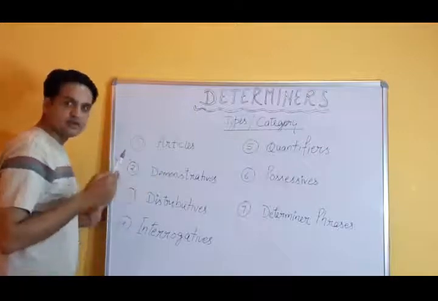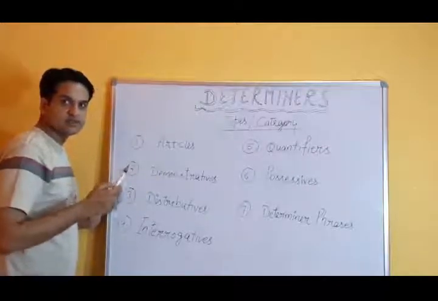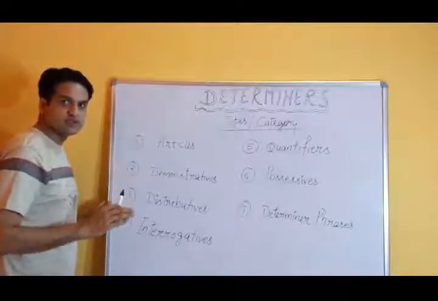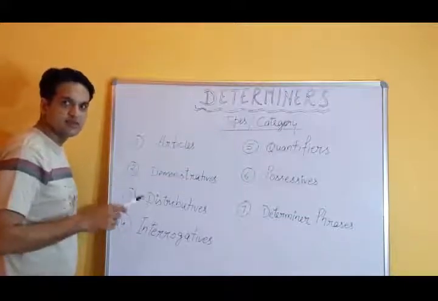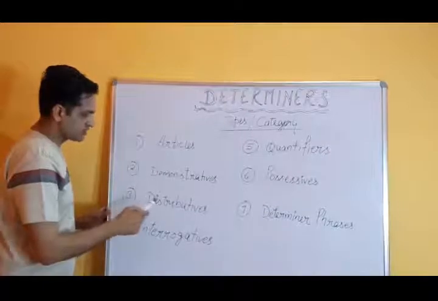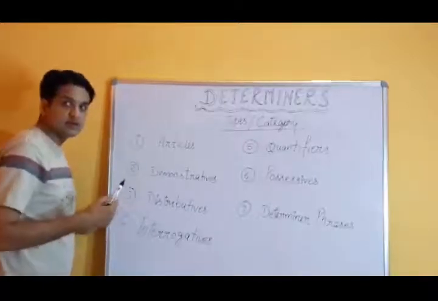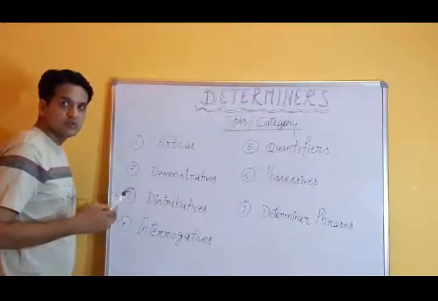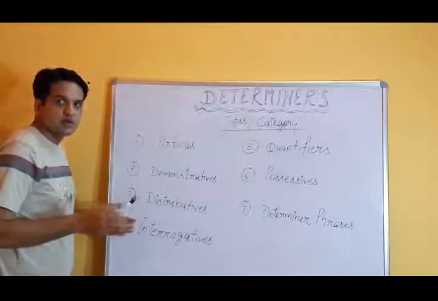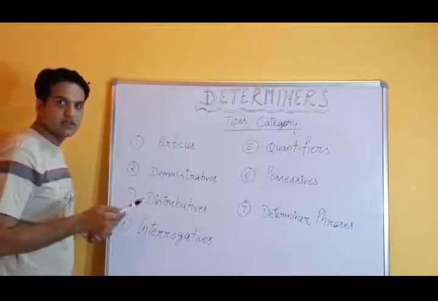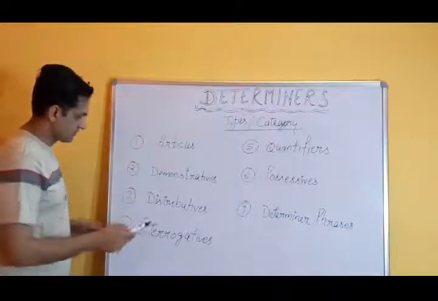Demonstratives. Demonstratives are the determiners which specify the position or place of the noun: this, that, these, those. Distributives. Distributives are the determiners which determine the distribution of the noun in a group: each, every, either, neither.